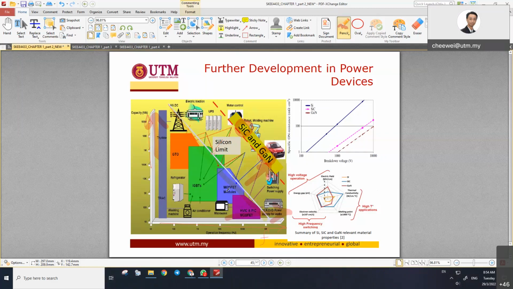So it will halt the development of renewable energy because your power electronic switches cannot go further. So they came up with this invention to improve the power capability, as well as to be able to operate at switching frequencies of a higher range.